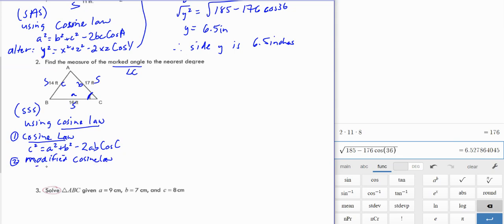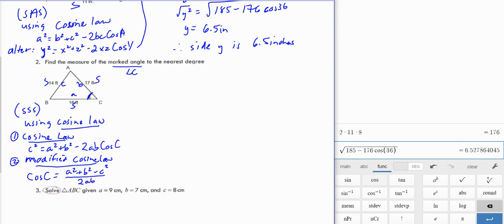Cosine law. Okay, so what was that again? So we look on the first page and we see it's cos C equals the two others, A and B squared, minus now C squared, all over 2 times the two other sides.